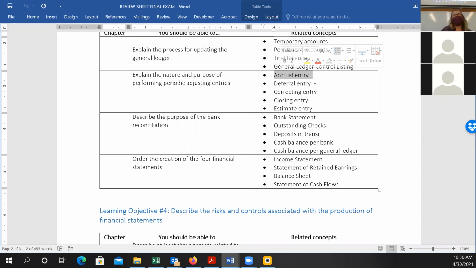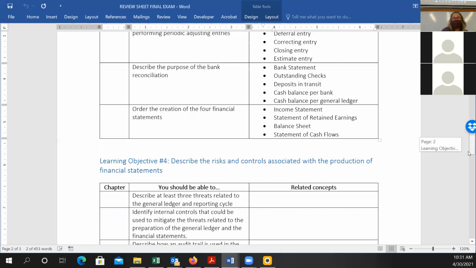So like if you paid your car insurance for 6 months at a time, if you were a business, you would check off 1 month of expense every month when you were preparing your monthly income statement. Yeah, prepaid rent is another example of a deferral entry. Prepaid revenue is a liability, and that's the other example of a deferral entry. So good questions, y'all.